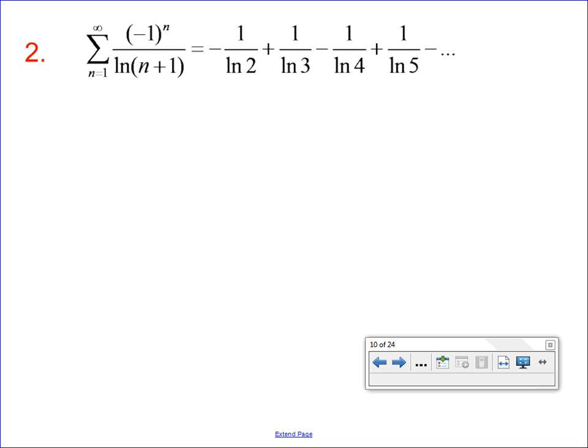In order to apply the alternating series test, I have 2 more prerequisites to consider. I've got terms alternating sign, so it is an alternating series.